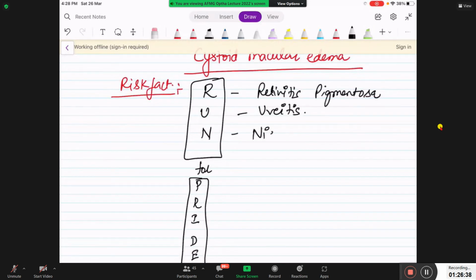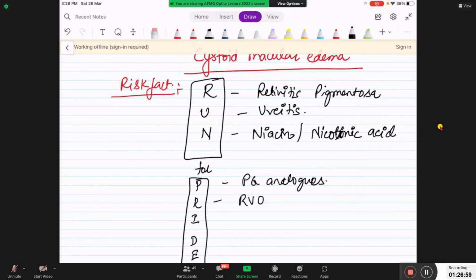N stands for niacin or nicotinic acid. P stands for PG analogs. R stands for retinal vein occlusion, which is CRVO and BRVO.